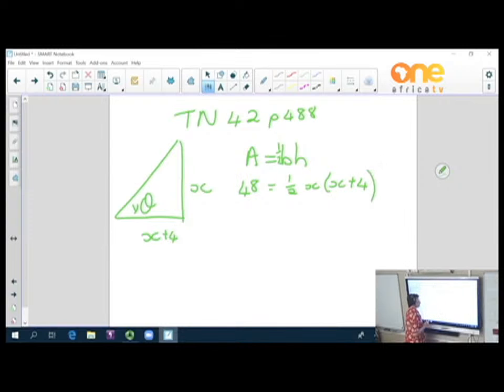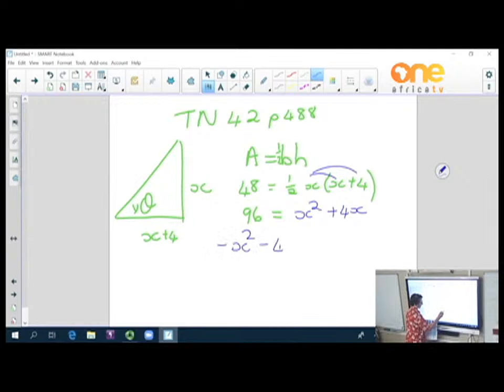I will get rid of this fraction here with the LCM, so it is then 96, and I'm going to multiply this in here, so then I have x squared plus 4x. Look there, they're on the left-hand side, so you have to bring them over.